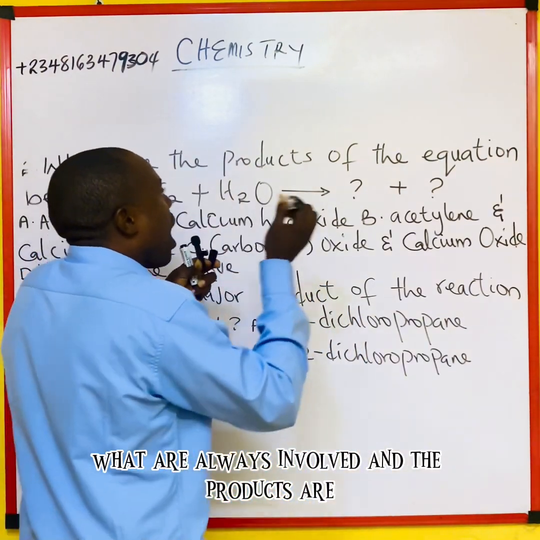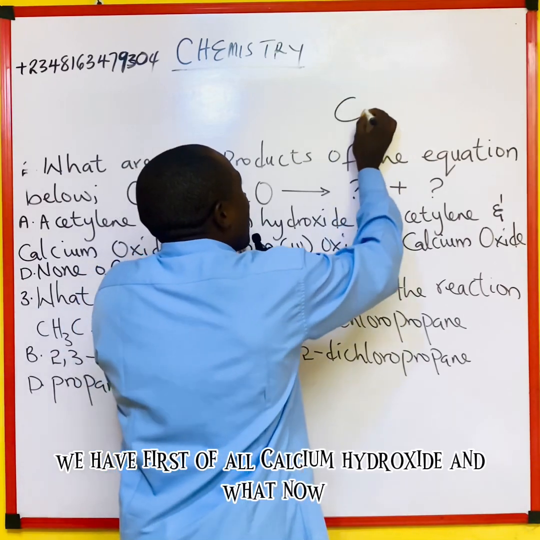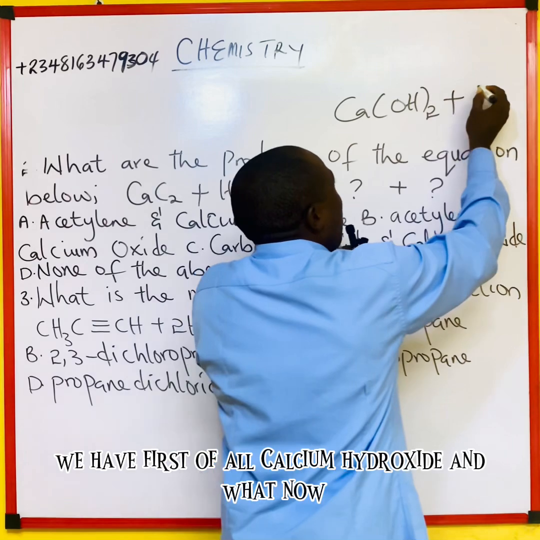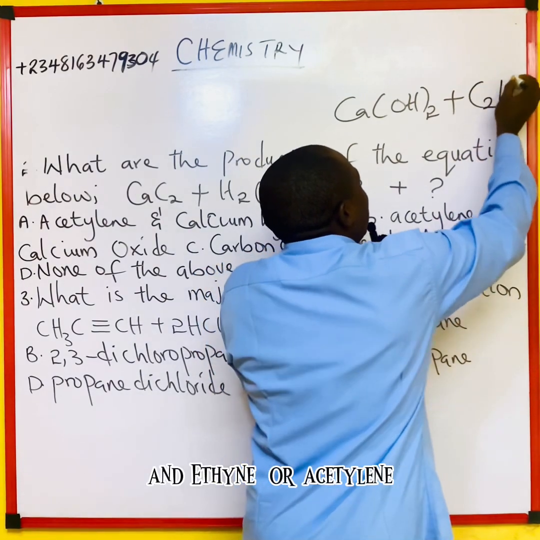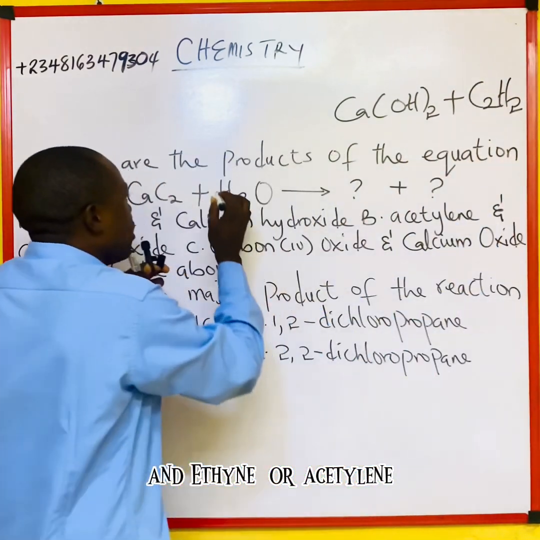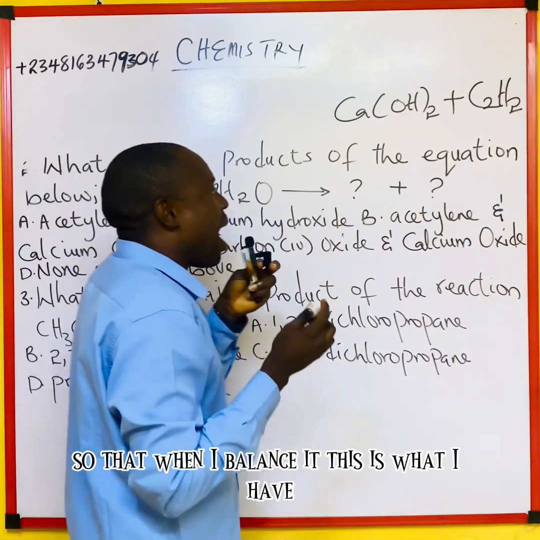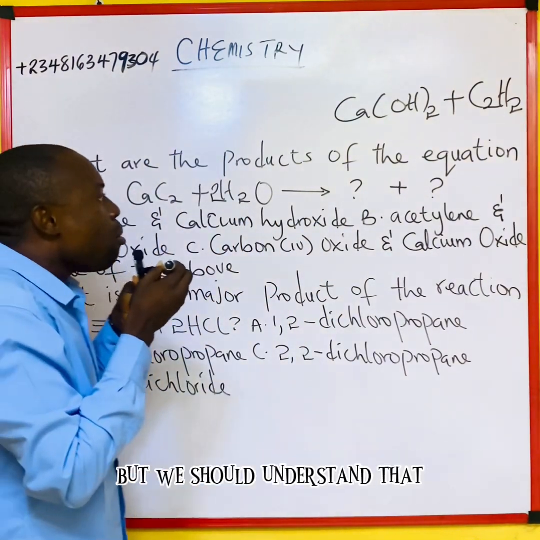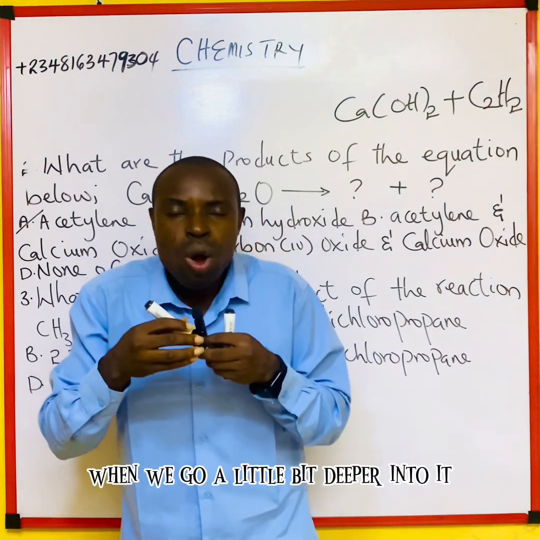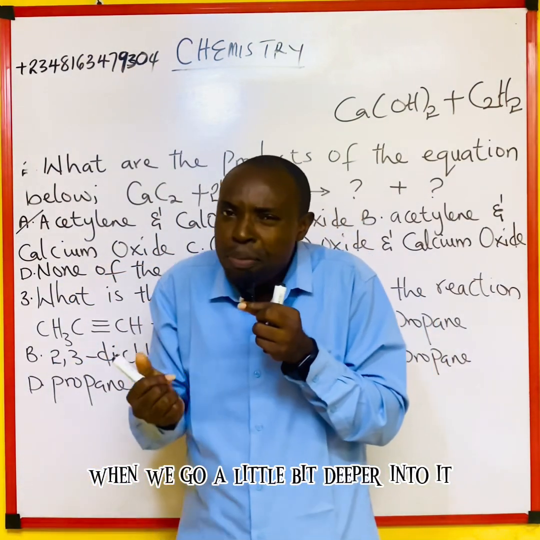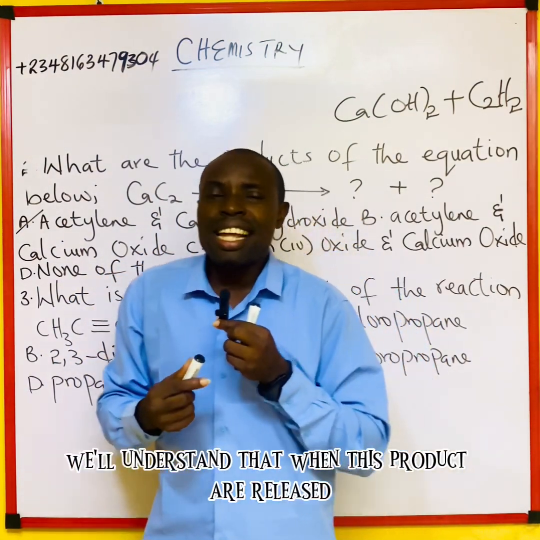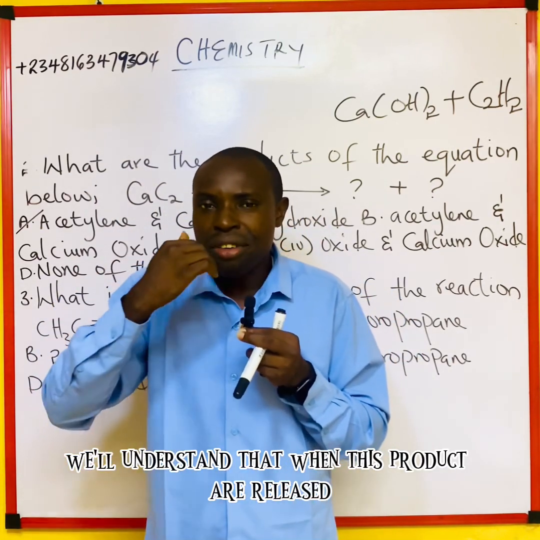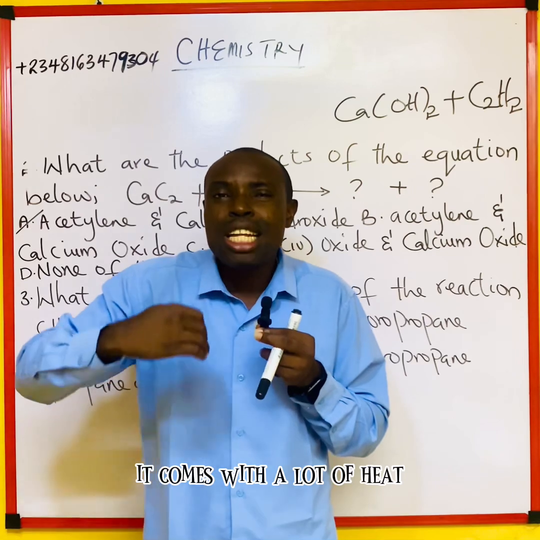First of all, calcium hydroxide and ethyne, or acetylene. So that when I balance it, this is what I have. Therefore, the final answer is A. But when we go a little bit deeper into it, we understand that when these products are released, it comes with a lot of heat.